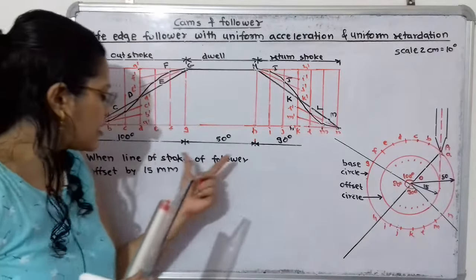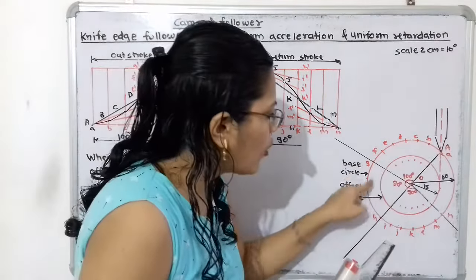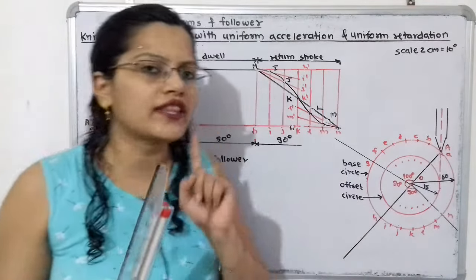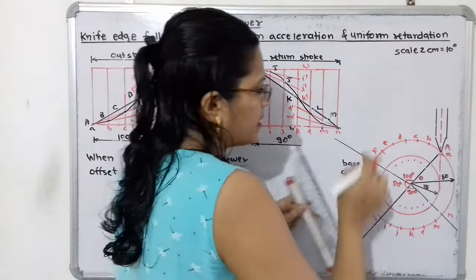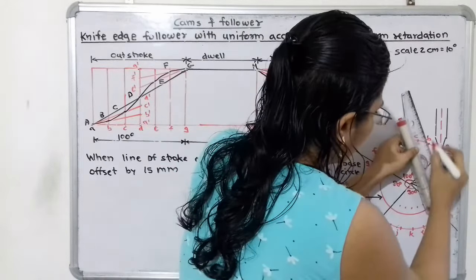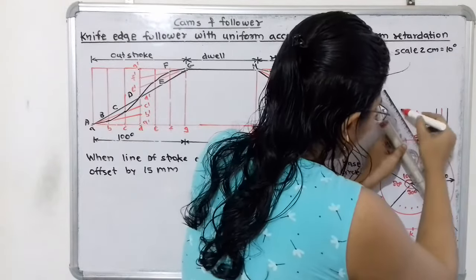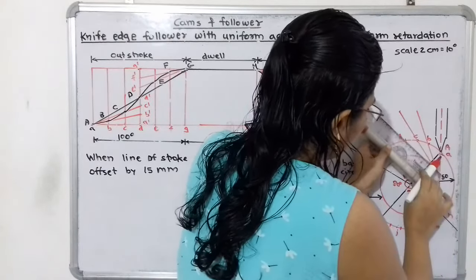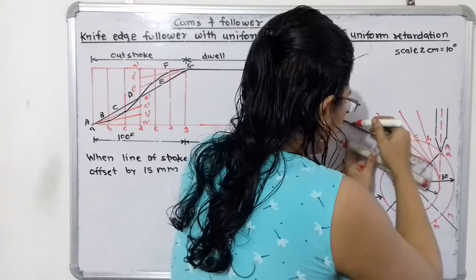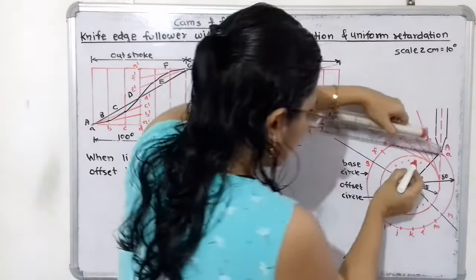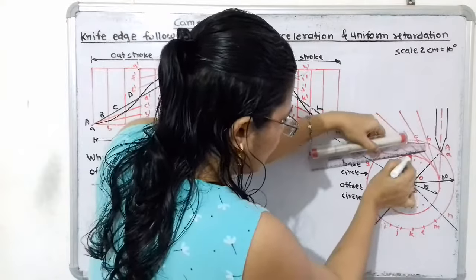When the line of stroke is offset, then for this offset circle we have to draw the tangent passing through the selected points. So I will draw the tangent passing through this point B. Then in the same way passing through this point C, I will draw one tangent. Then from D, then E. The tangent should be to the offset circle.